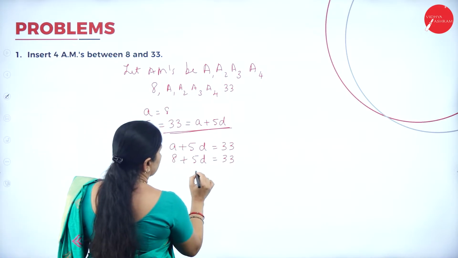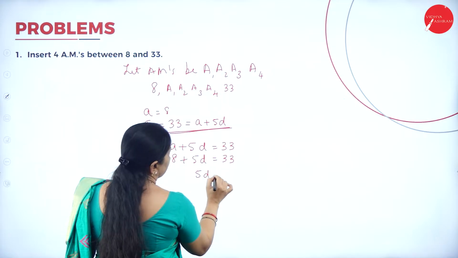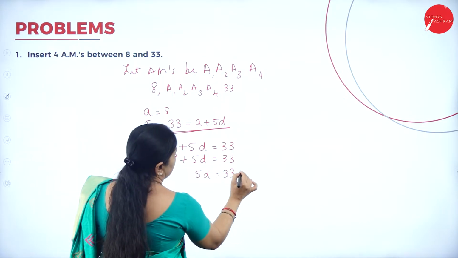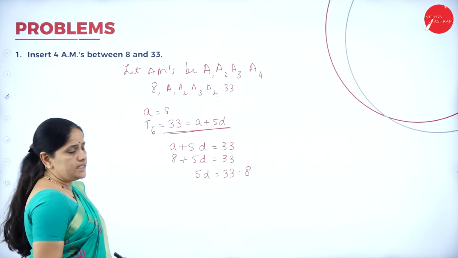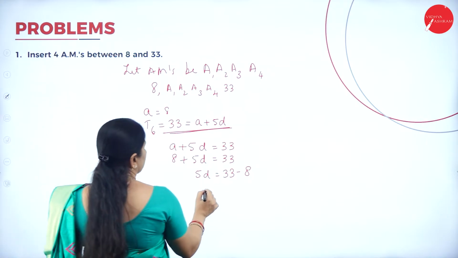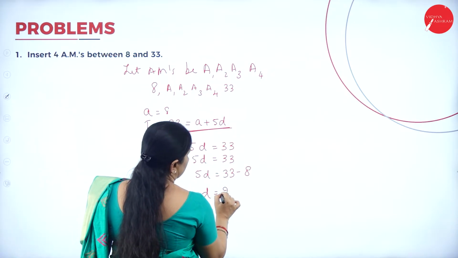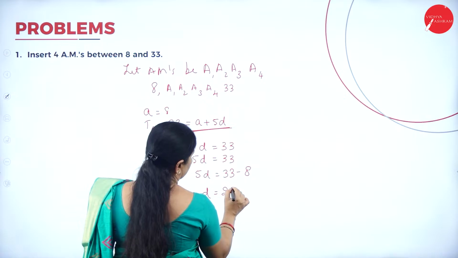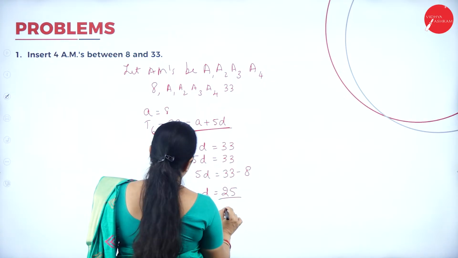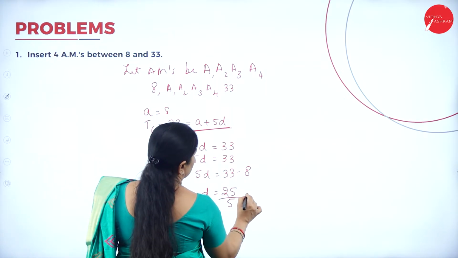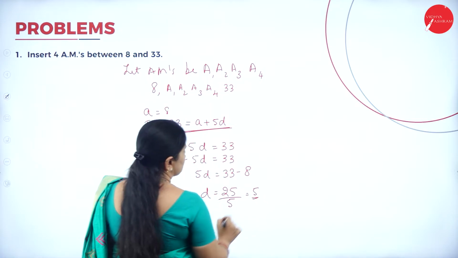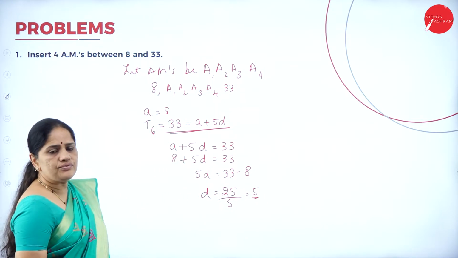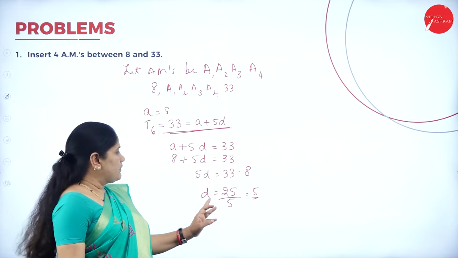So 5D equals 33 minus 8. So D will be equal to 25 by 5, that is equal to 5. So we have found out the value of D.